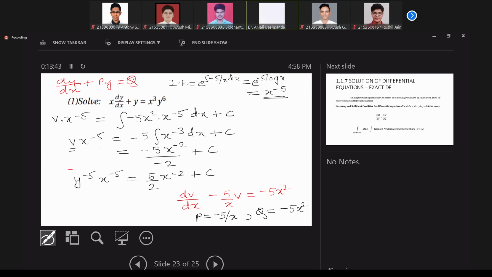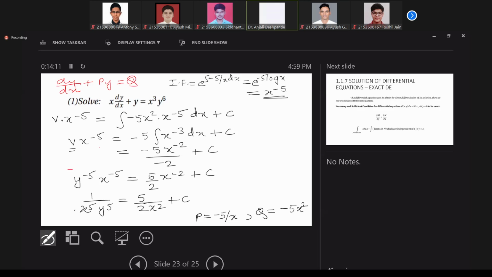Now I told you, if you wish, you can simplify further also. That is up to you. Okay. So what you can do is, you can take this y raised to minus 5 in the denominator. Instead of writing in this way, you can take it as 1 upon x raised to 5, y raised to 5. This way also you can write, is equal to 5 by 2 divided by x square plus c.